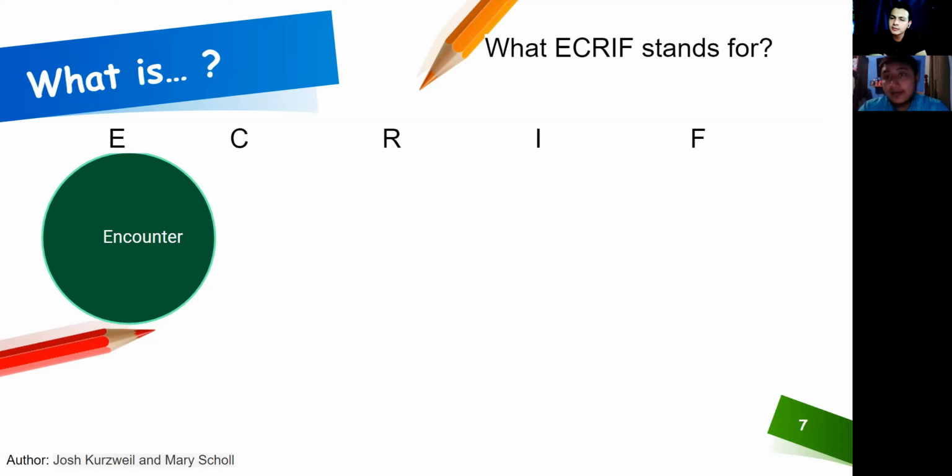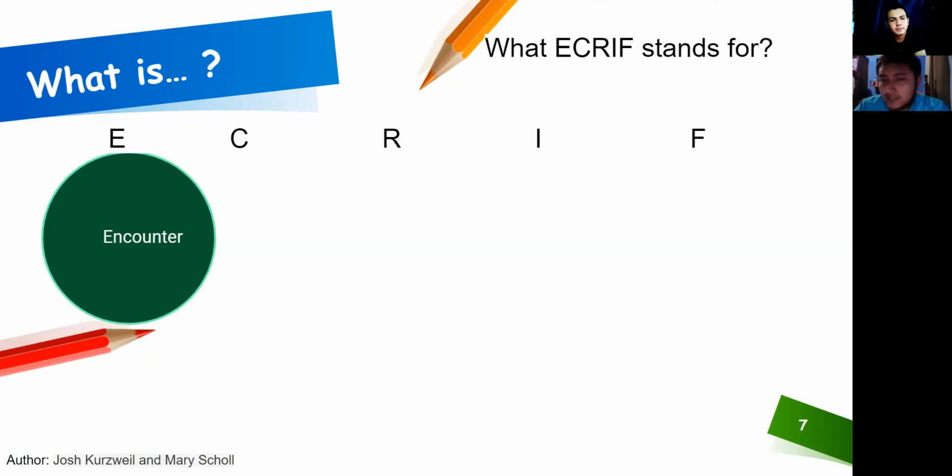That would be your encounter part. And that pretty much is the first letter, because that's how we normally get this new knowledge from the different actions that we do every day or different situations that we face during the day, right? Yeah, that's right.